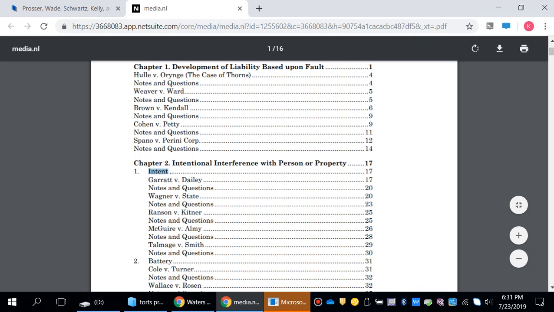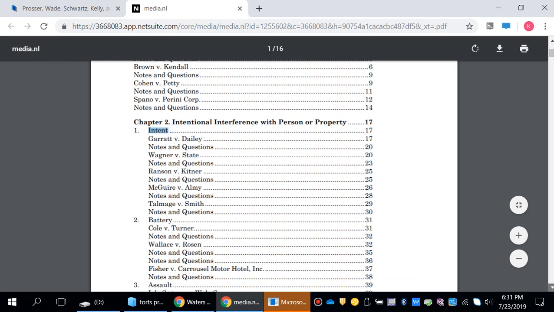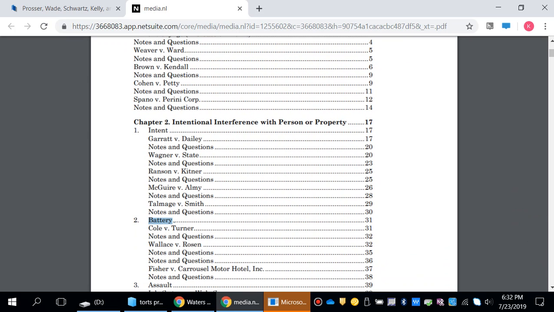It's really important that you understand that what these have in common is that they help you understand this concept. Same thing here. What these have in common down here is that they help you understand one intentional tort, which is called battery. So Cole v. Turner helps you understand one intentional tort called battery.